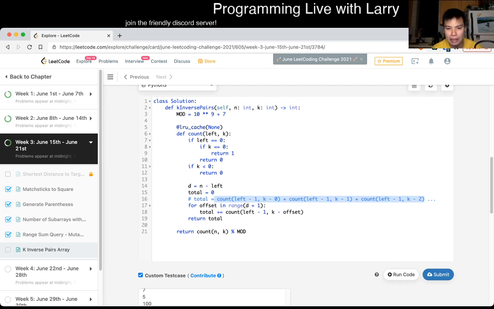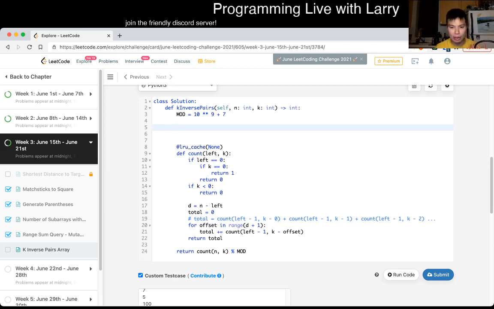I'm trying to figure out how to do it top down, but maybe I don't have the visualization for it.